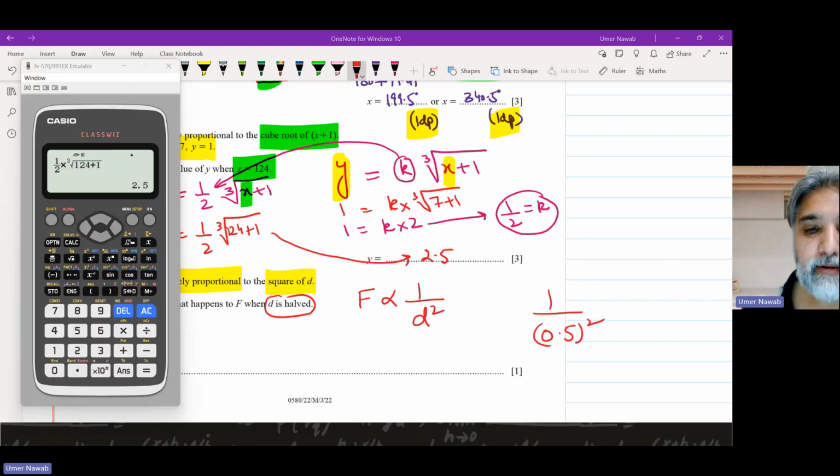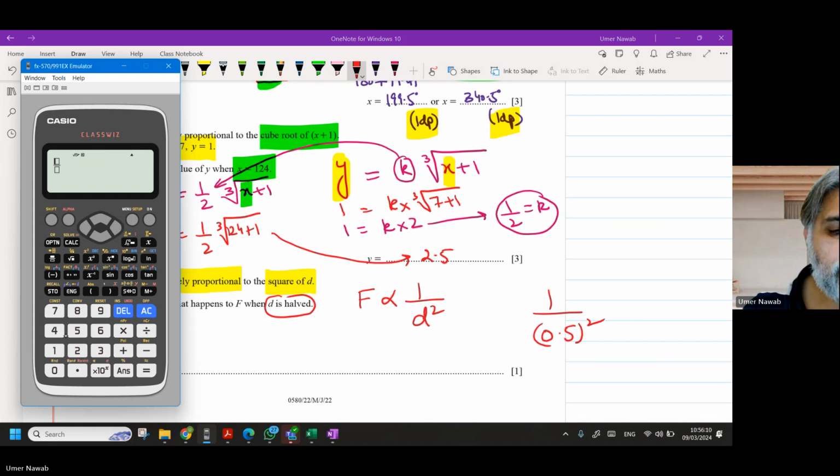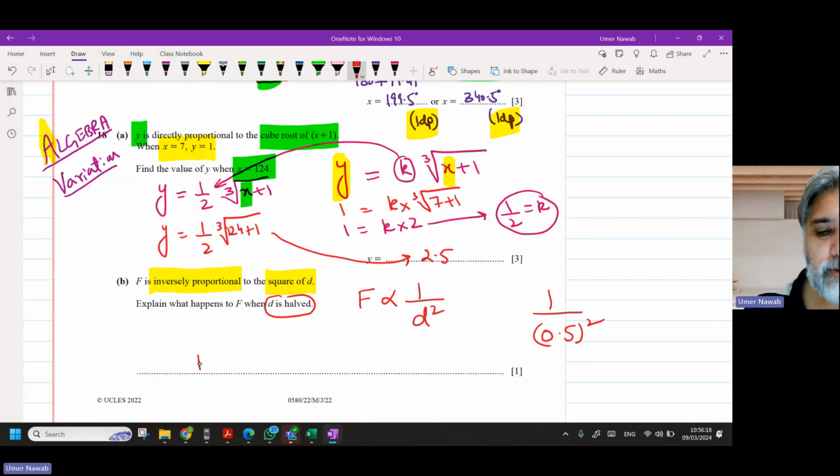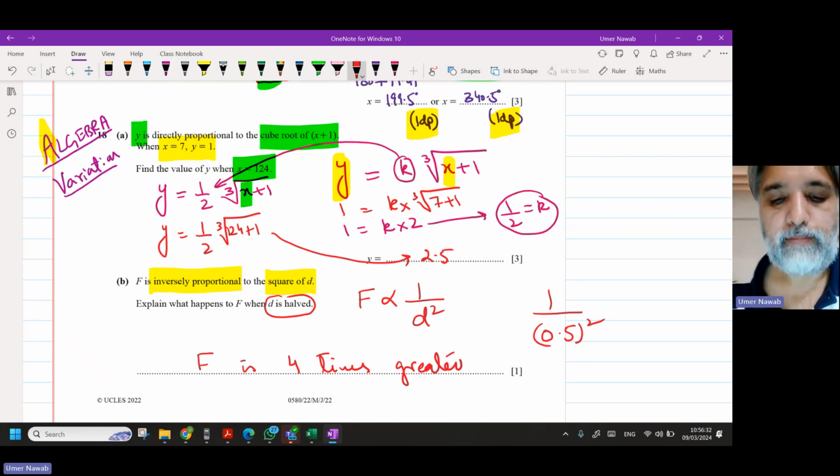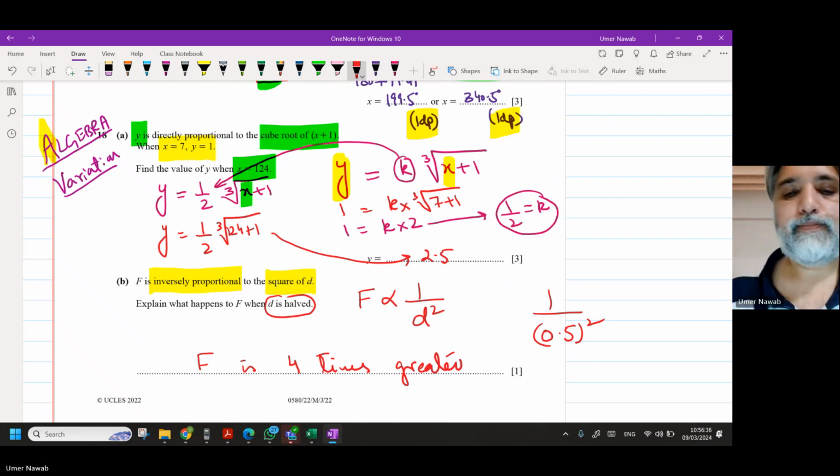Check what answer is coming. 1 over 0.5 squared gives you 4. So it becomes 4 times. So F is 4 times greater. Okay. So F becomes 4 times.